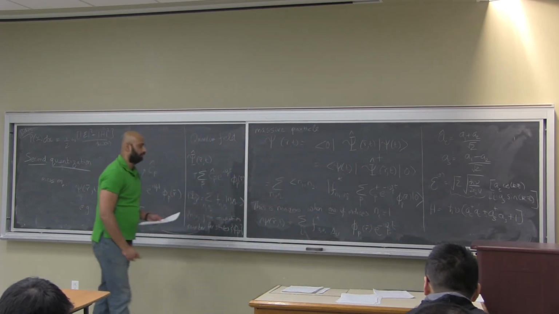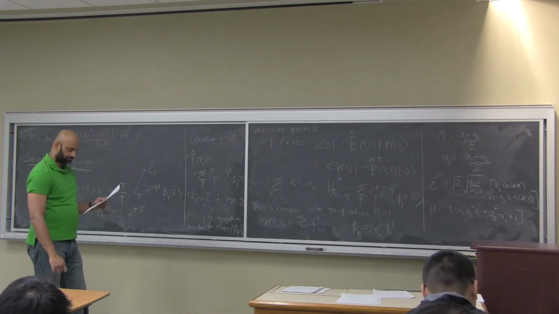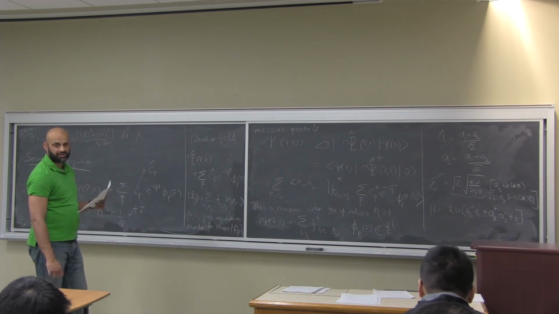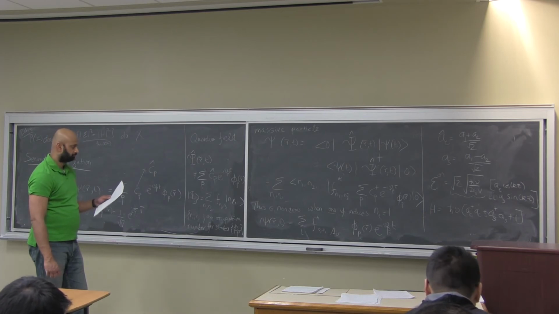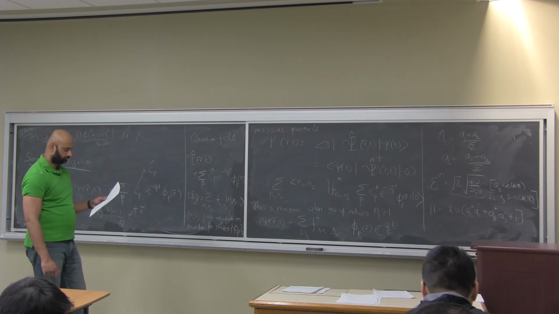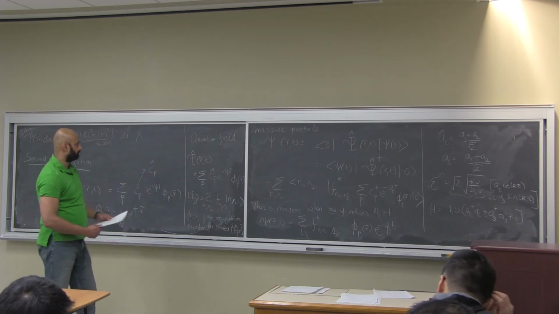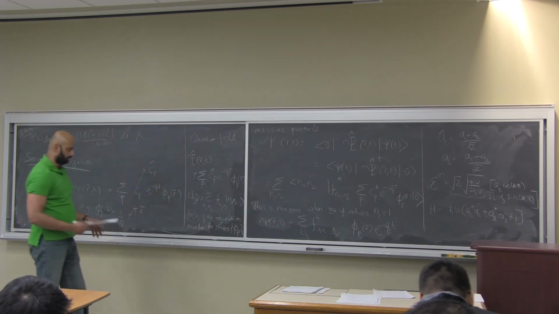Okay, so this is how the wave function for a particle should be written in the second quantization picture for a massive system, starting from the quantum field description.